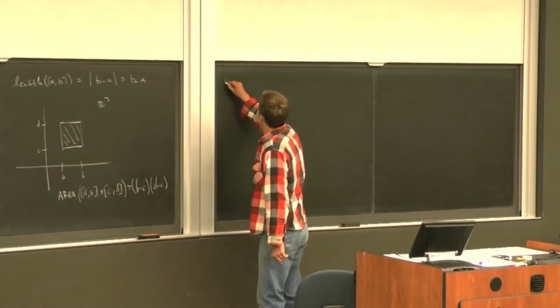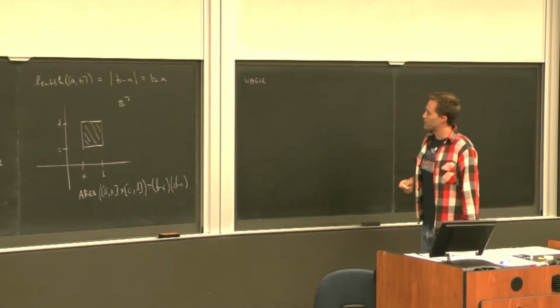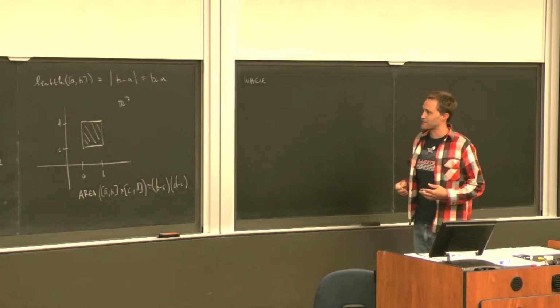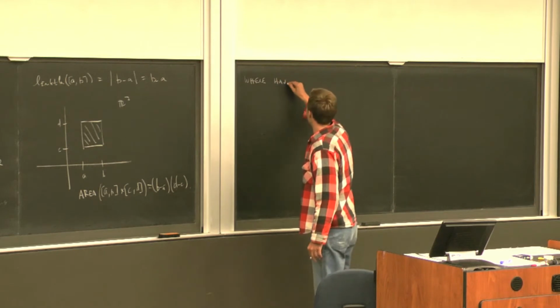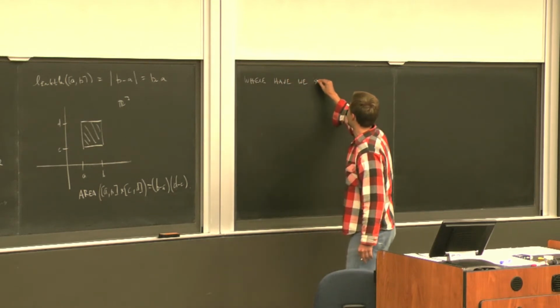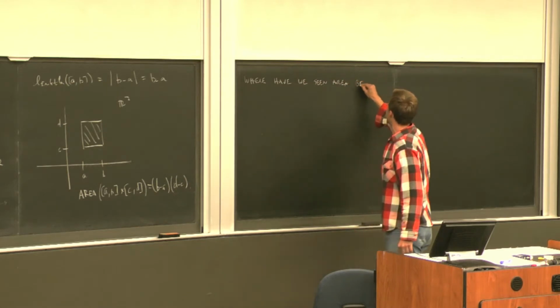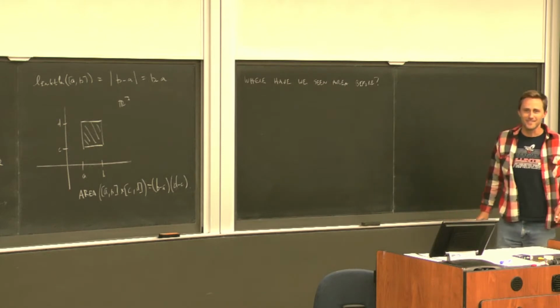I always like to point out in my students' lectures where they give very good references to past classes they've had. So where have we seen area before? Are we plugging geometry or calculus here? Anything, you can say anything.